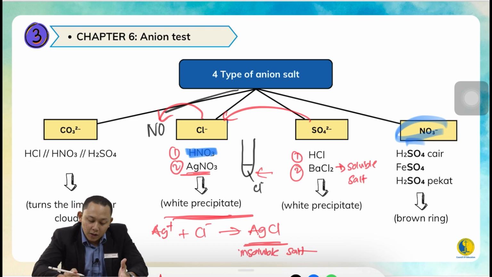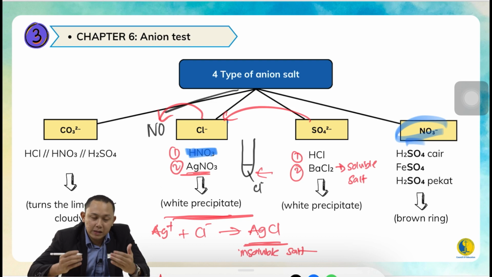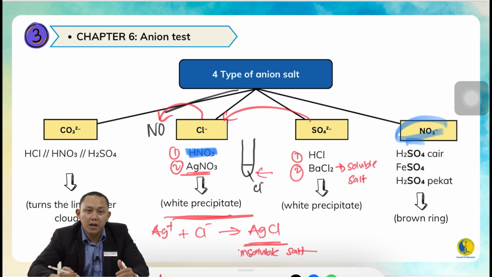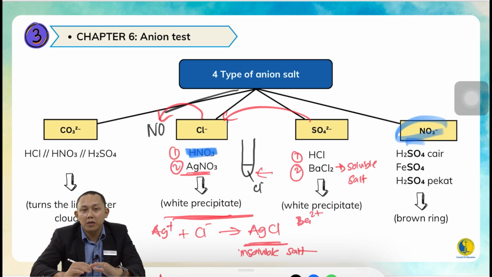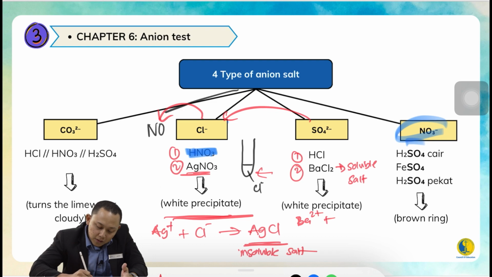Inside barium chloride, there will be a Ba2+ ion. When this barium ion reacts with a sulfate ion, it will produce barium sulfate.